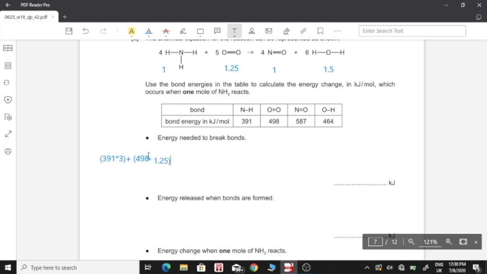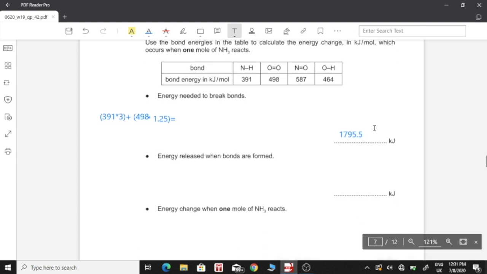Right, now when we add these, we get the energy as 1795.5. Right, so this is the amount of energy needed to break bonds when we have 1 mole of ammonia reacting with 1.25 moles of oxygen.